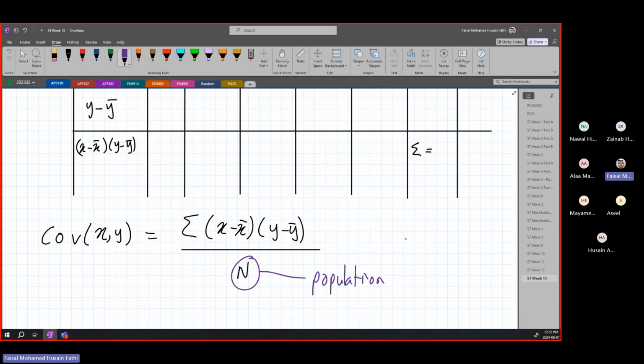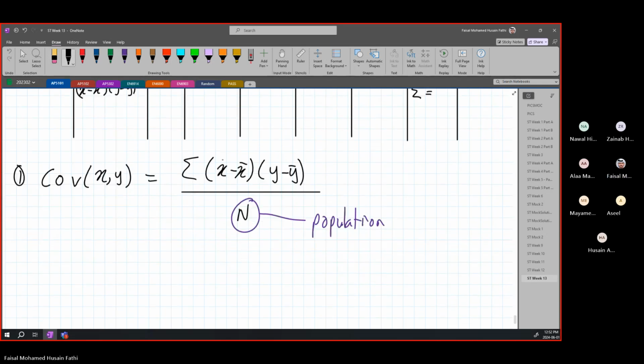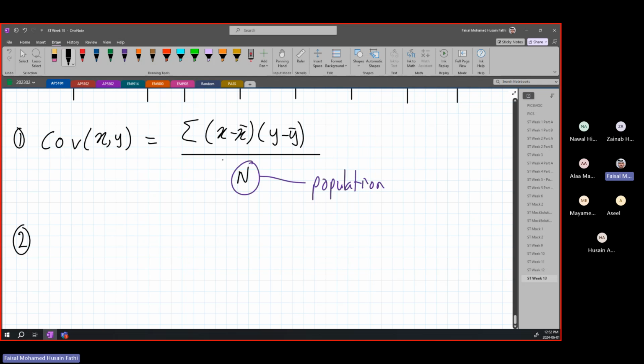Once you find your covariance, then from there it's easy. So first, this will be your covariance. Second, it is going to be your regression R, which is equal to covariance divided by sigma x times sigma y.